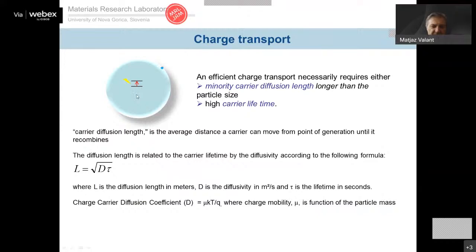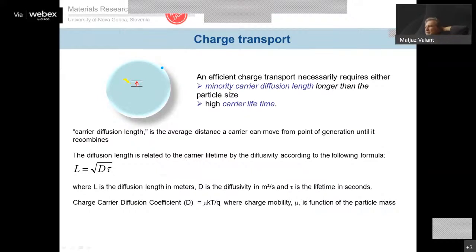So we have to get this electron as well as electron holes onto the surface of these particles. If the particles are very, very big, this won't happen, because the electrons on the way to the surface will recombine. So that's another thing which we have to consider.